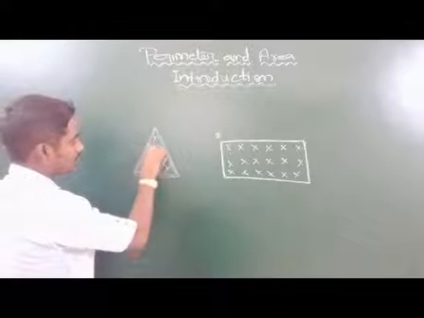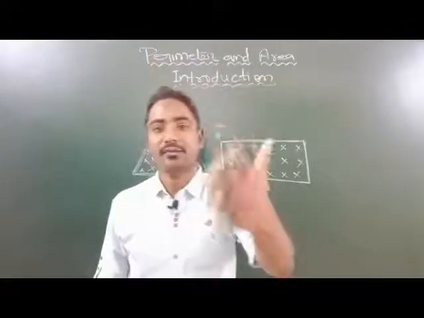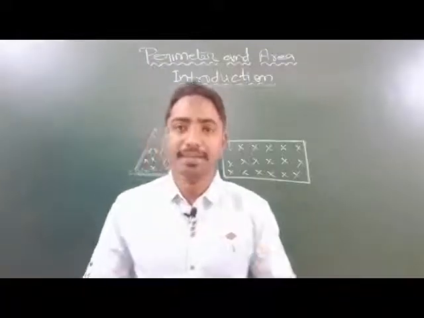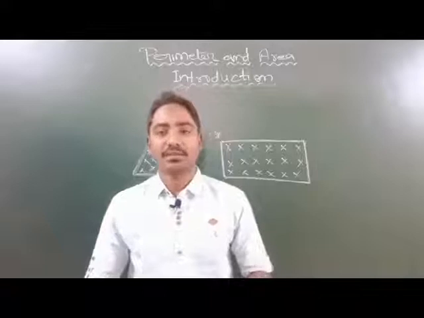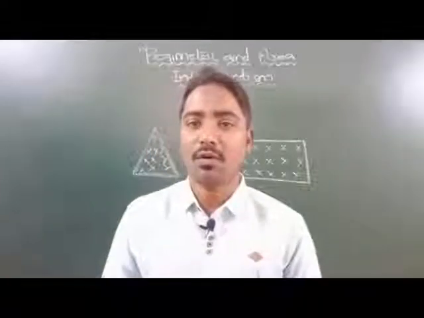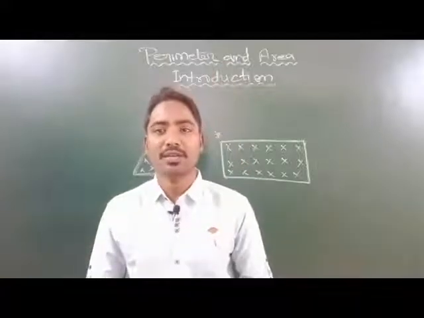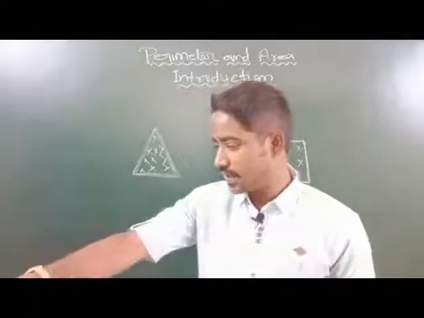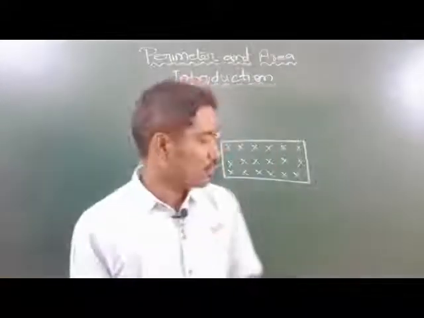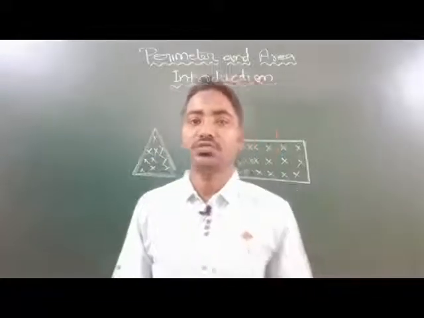Now the best example we can consider is the room inside where you are standing, or I am standing here. Suppose your room is in the form of a rectangle or a square. When you find the perimeter of your room, you will get its outer boundaries only, that is, the boundaries or the portion just adjacent to your wall.